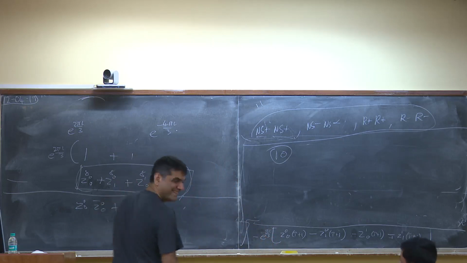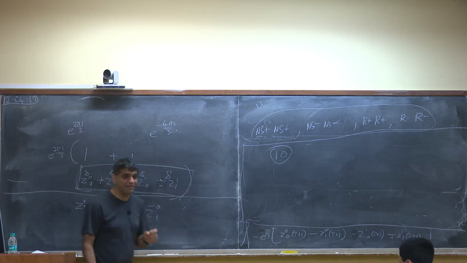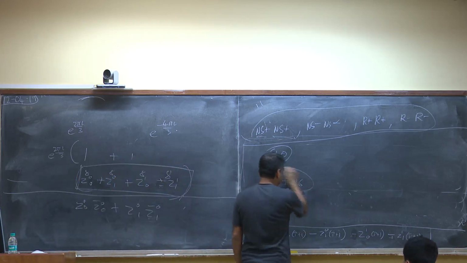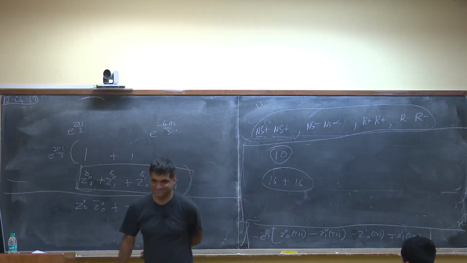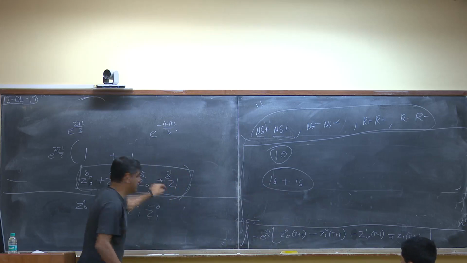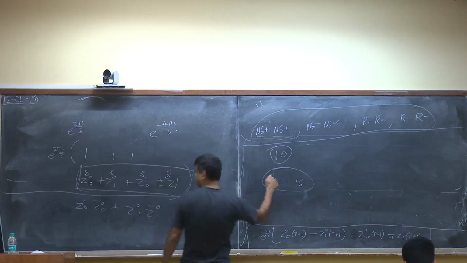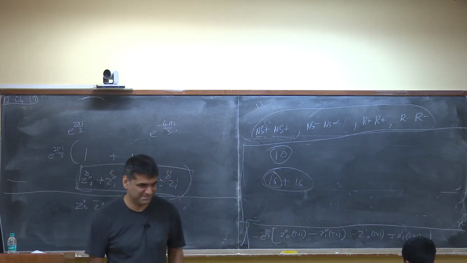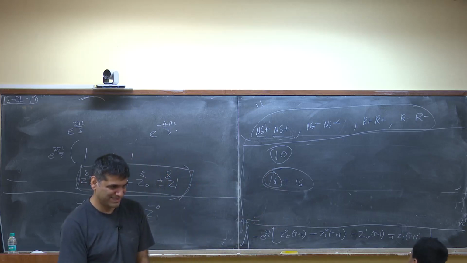Exactly what we just did. Suppose we took a theory of either 16 plus 16 fermions, each of them separately GSO projected, such that the partition function was this. So in this 16 sector, we have both the Neveu-Schwarz and Ramond sectors, and we have the GSO projection.